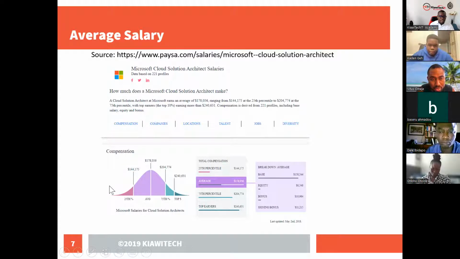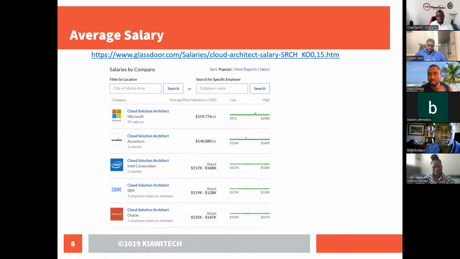You have a lower tier that goes down to 144, and an upper tier that goes up to $240,000. Now, the average base pay, right, is $158,000. When you add equity, bonus, signing bonus, and all that, you are looking at numbers like that. So as you can see, it's a highly lucrative field.